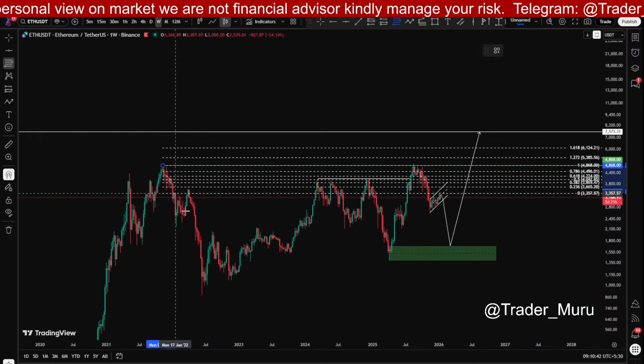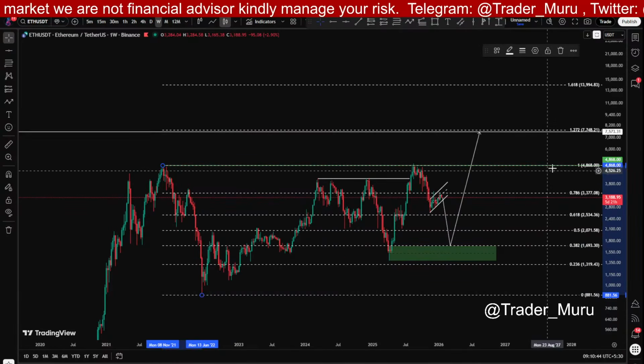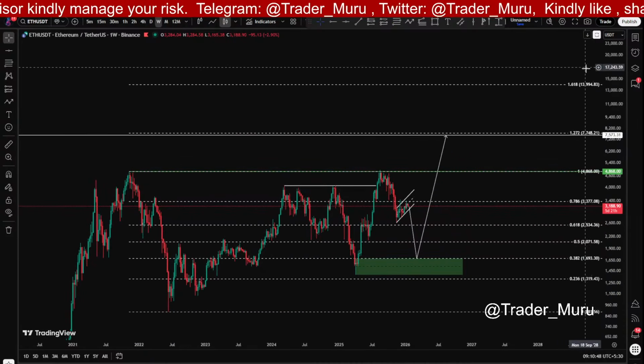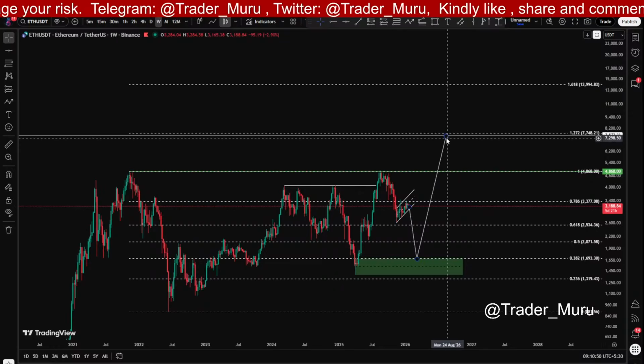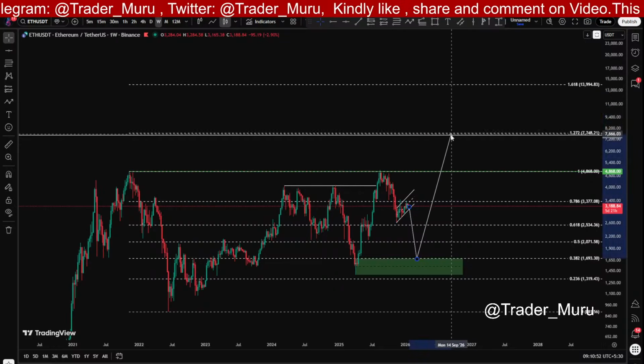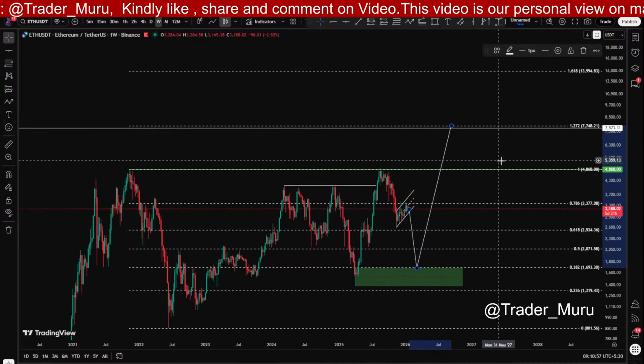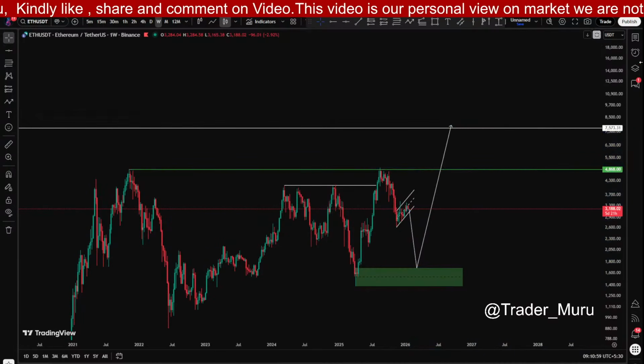Because if we put from top to bottom, first target is 7,700 and second is near about 13,900. So we will take first target near about this one, then there will be some retest and retracement.